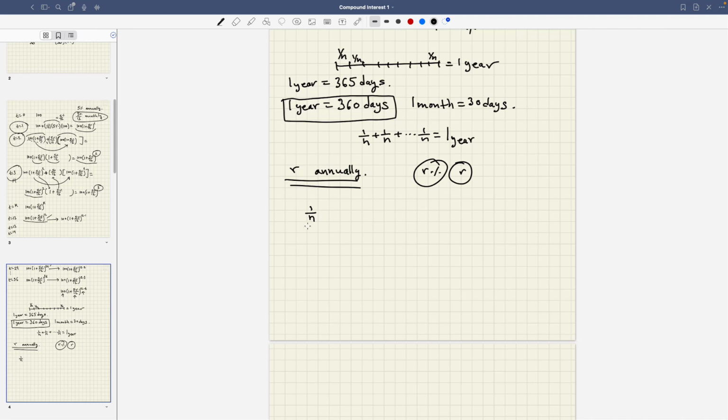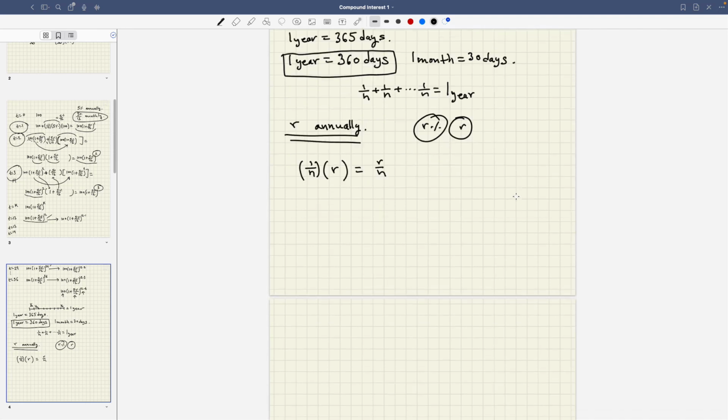So the interest added to your initial investment is 1 over n of R, which is nothing more than R over n. If you have trouble understanding this, substitute R as 5% and n as 12 months, as in the earlier example. If you do, we can proceed further.